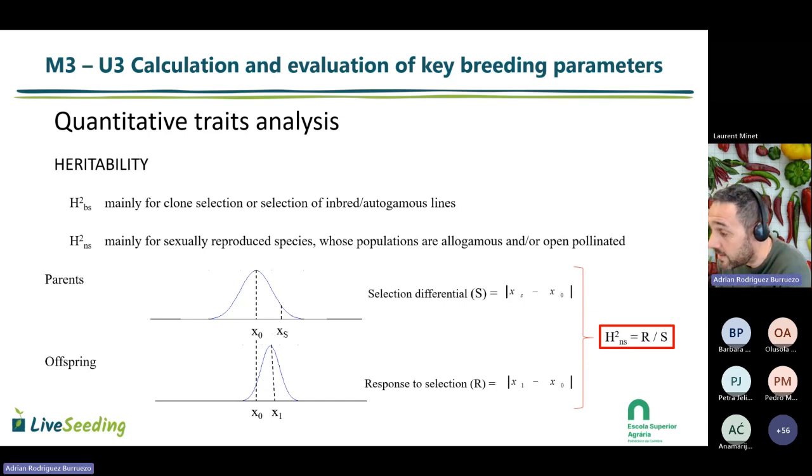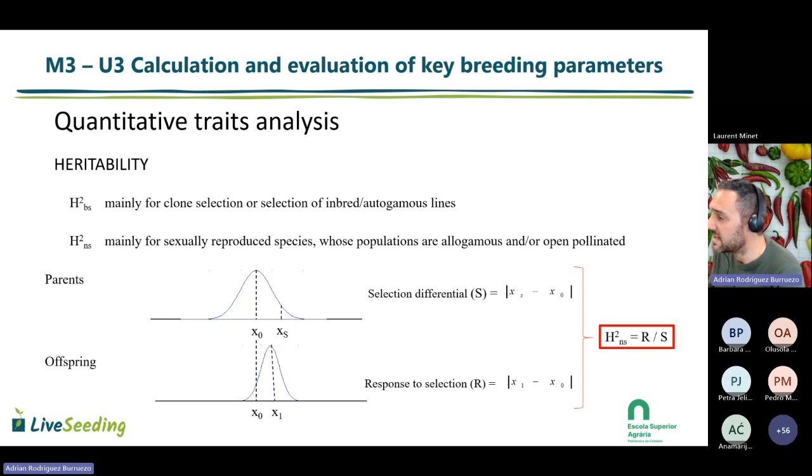Now we have x1, but not as good as the parents were. Okay, this is a clear example of how only the additive part passes from one generation to the other, and also of taking care about the environment when you perform the selection. In these cases, the heritability can be estimated in the following way.